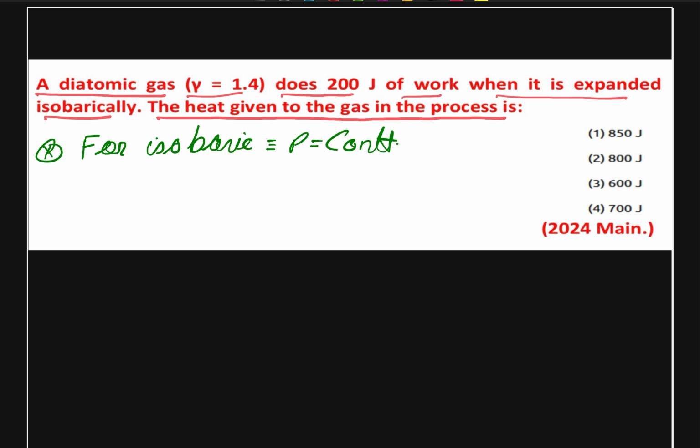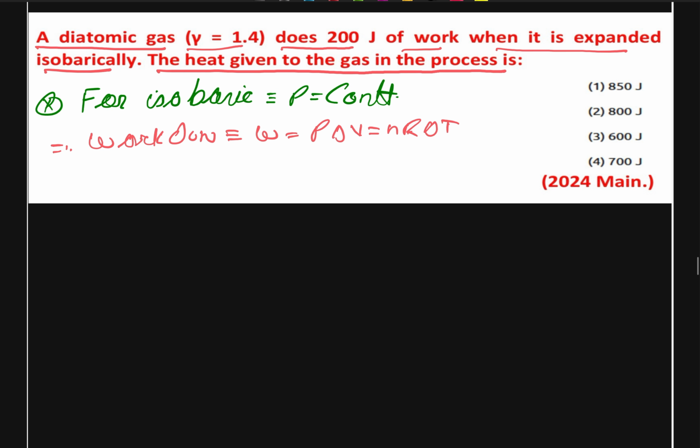Therefore, work done, that is our W, will be equal to P times delta V, or we can write in terms of ideal gas equation, that is nR delta T. And it is isobaric, so we can use our C of P. So we can say our C of P will be equal to gamma times R divided by gamma minus 1.